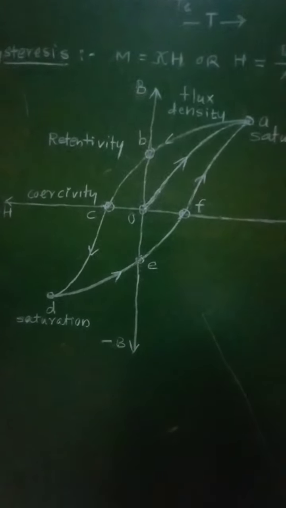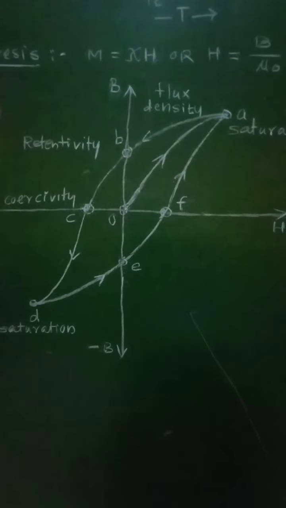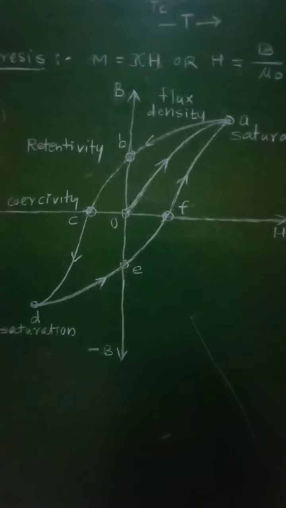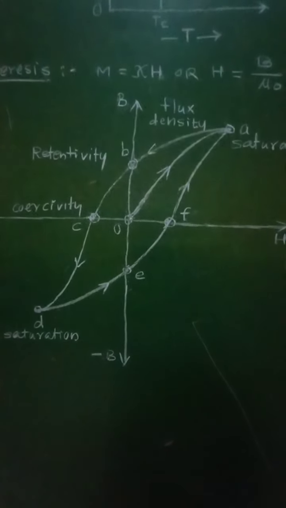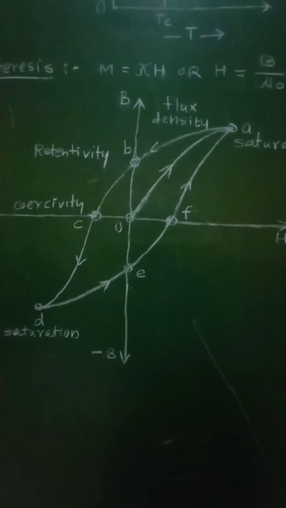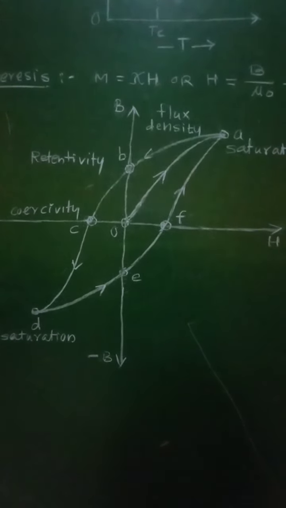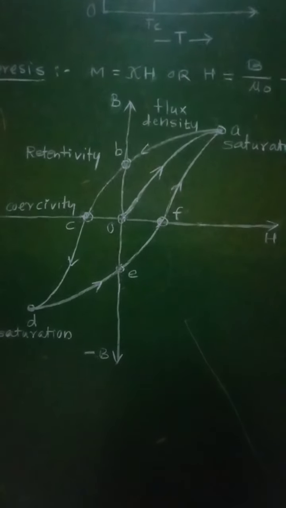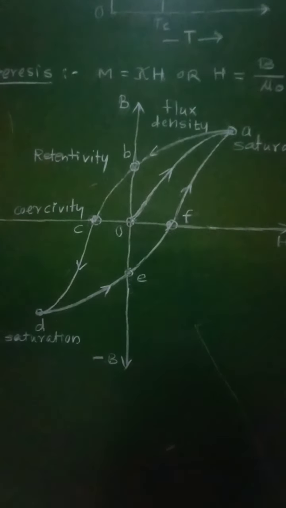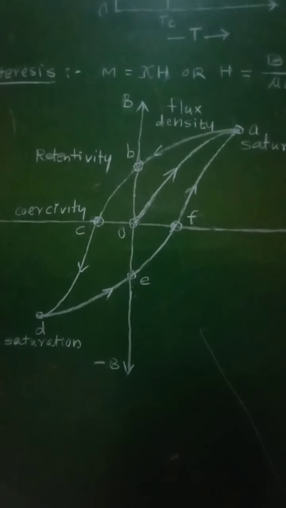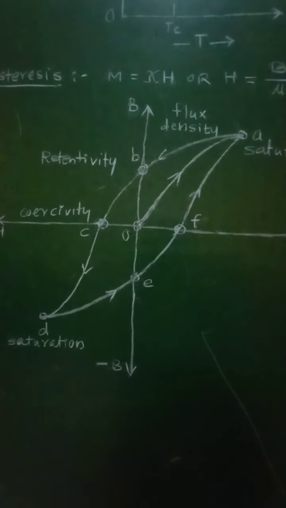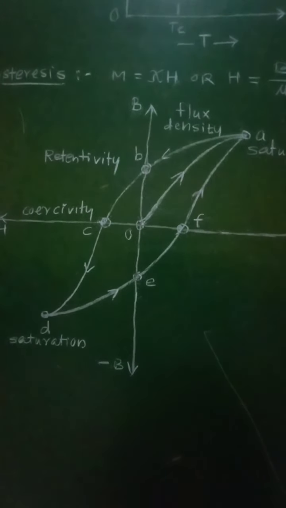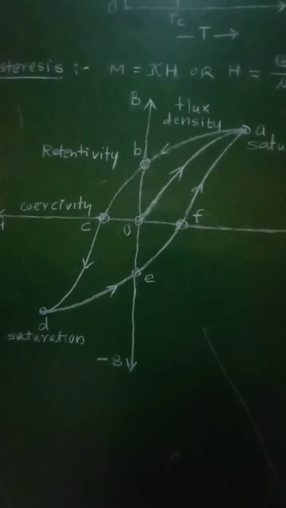Now this diagram will be described like this, as it shows the behavior of the material for one cycle of the magnetization. At point O, that is the origin, the material is in unmagnetized or non-magnetized state.